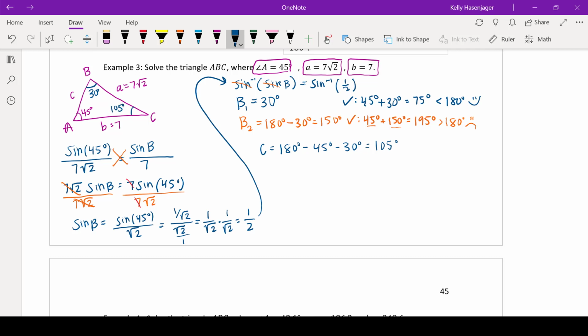Now we just need to find our side length C. So to do that, we'll use the law of sines again. We'll start off with sine of 105 degrees divided by C. And then we can use either of the other two pairs in this case, because neither one of them is rounded. So we can actually use sine of 30 degrees divided by 7.